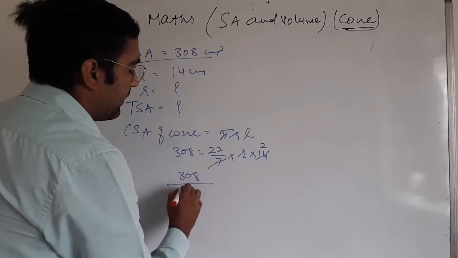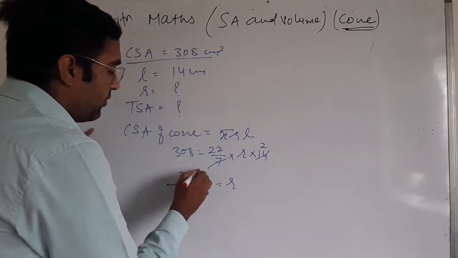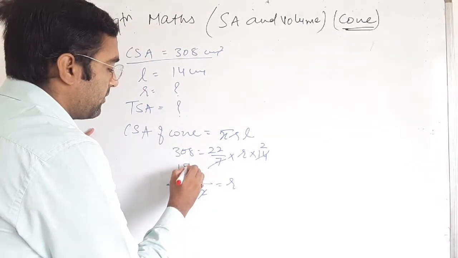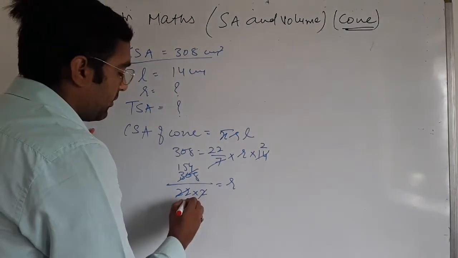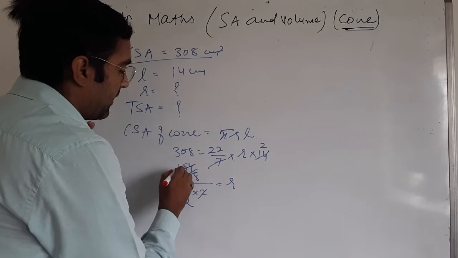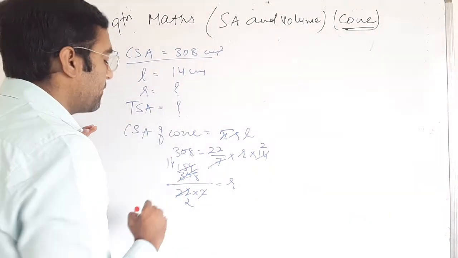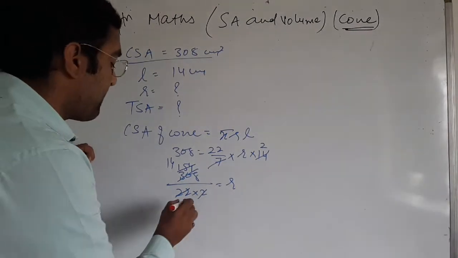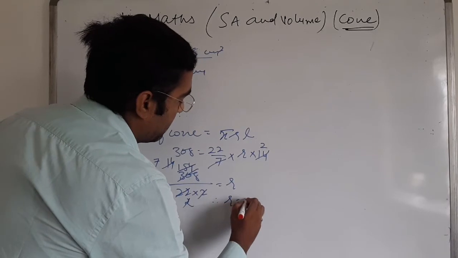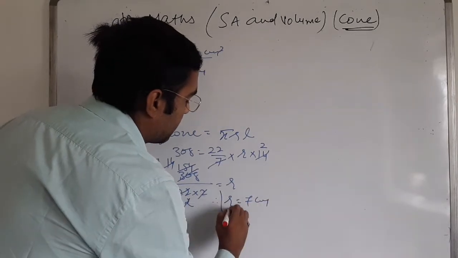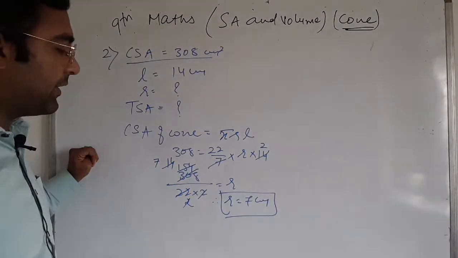Now we shift 22 and 2 to the other side, so for the radius, 2 fifteens are 154, 22, 11 twos are 22, 11 fours are 44, 2 sevens are 14. Therefore the radius of the cone is 7 centimeter.